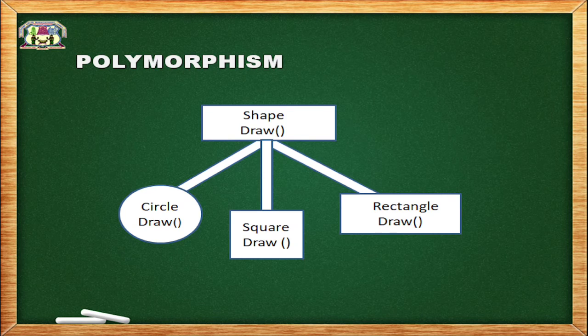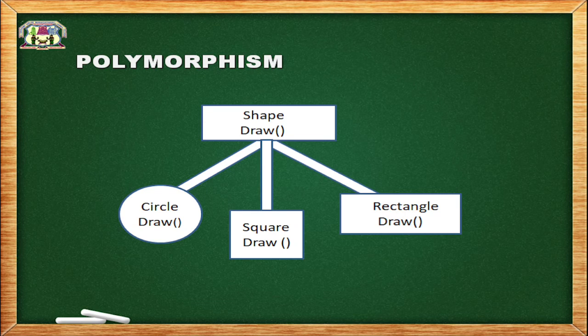So we only have to use one method name, draw, and the same draw method can be used for various purposes. When you use the draw method for drawing a circle, it acts as drawing a circle. When you use the same draw method for drawing a square, it acts as drawing a square.